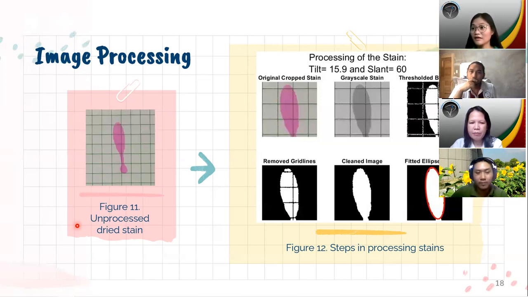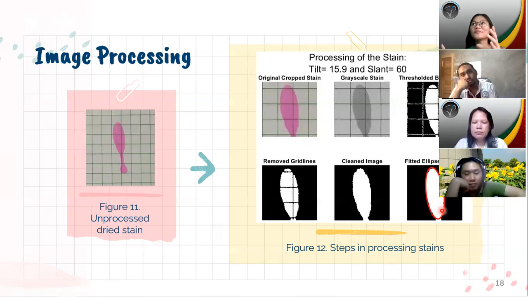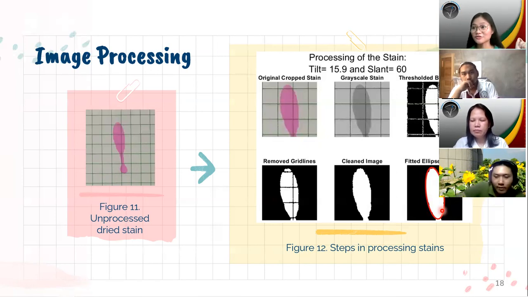So what's the purpose of getting the impact velocity? Why is it important to determine the impact velocity of multiple stains for a single event po? Ma'am, if you get the impact velocity po, you'll get a more accurate trajectory.